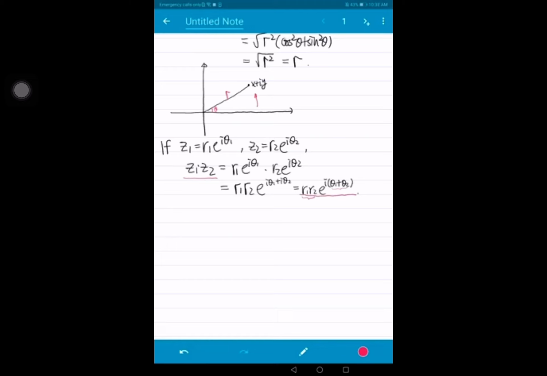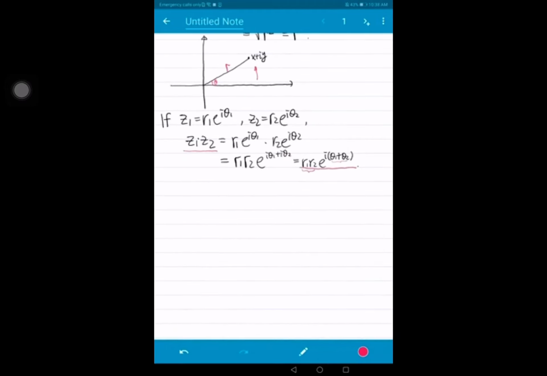Right, so the angle for the product equals theta 1 plus theta 2, and the modulus for the product equals r1 times r2. Right, so this basically lets us see that multiplication for complex numbers corresponds to scaling and rotation.